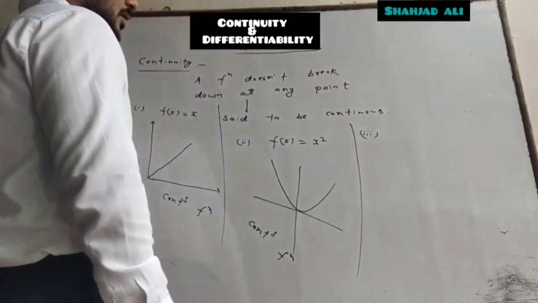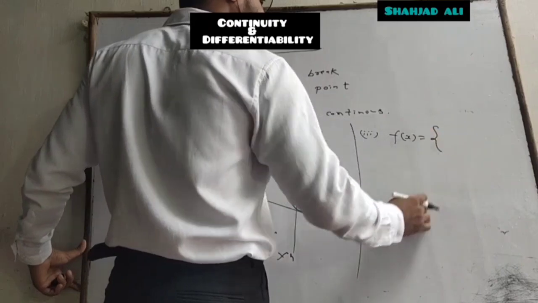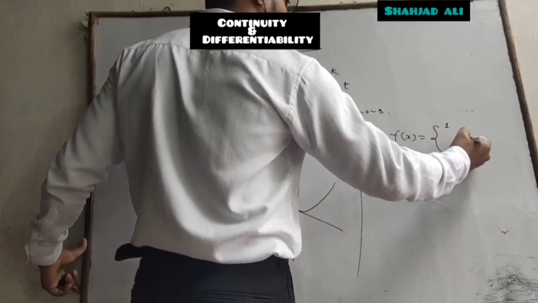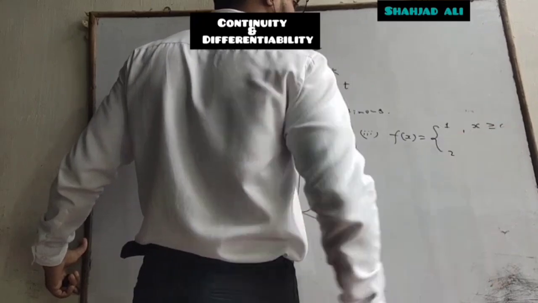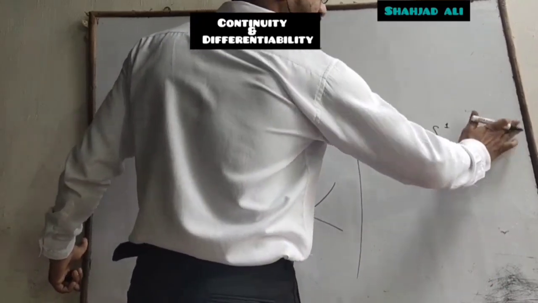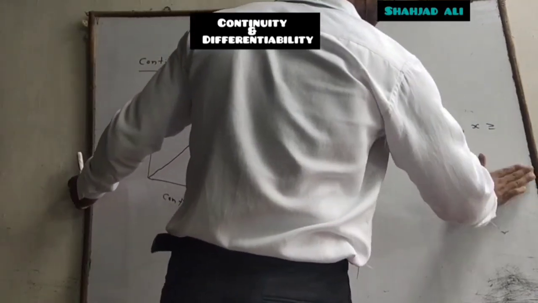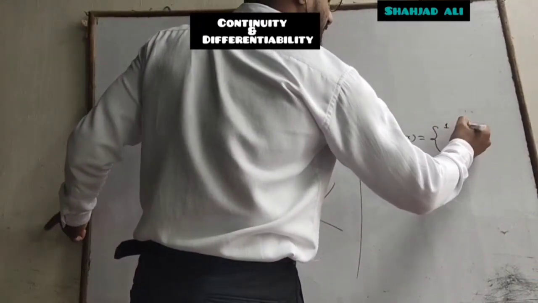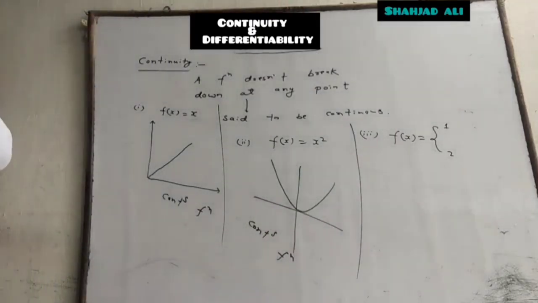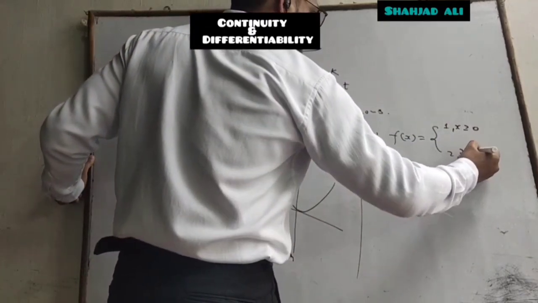Now, for example, a function is f(x) equal to 1 for x greater than or equal to 0, and 2 for x less than 0.